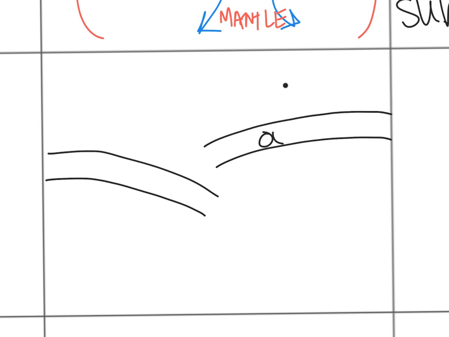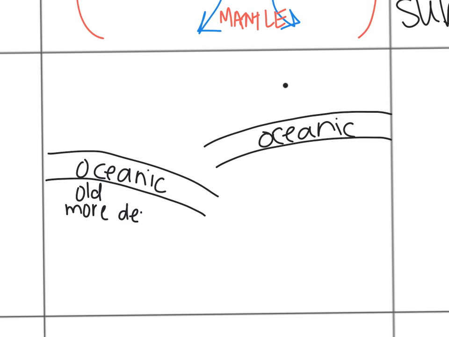So how do I figure out which one goes under? If it's two oceanic crusts, they're both made with the same type of rock, but they're not going to just slam into each other and create what's in the next one, like what you'd see on a continent. It's in the middle of the ocean. It's actually the old one. It's the more dense oceanic plate that actually sinks.